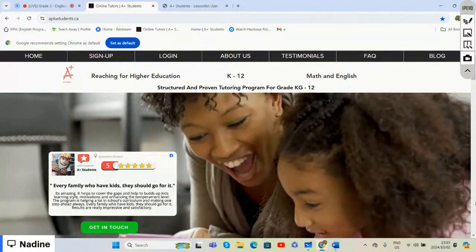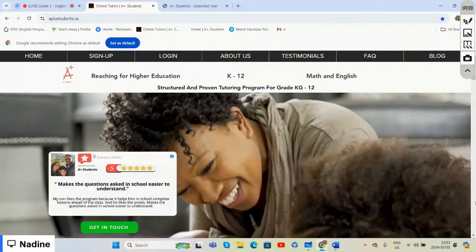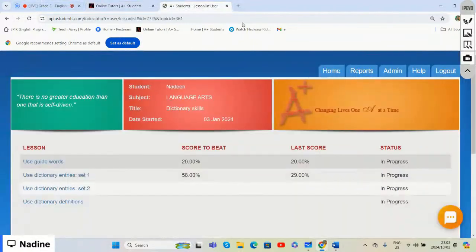We're doing grade 3. And then we're going to scroll down until we get to our chapter of dictionary skills.